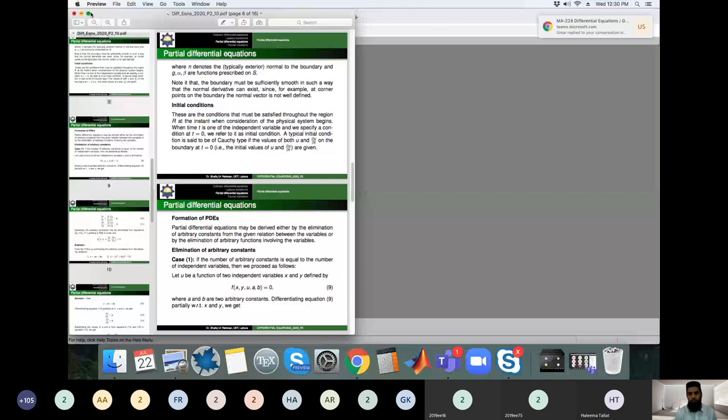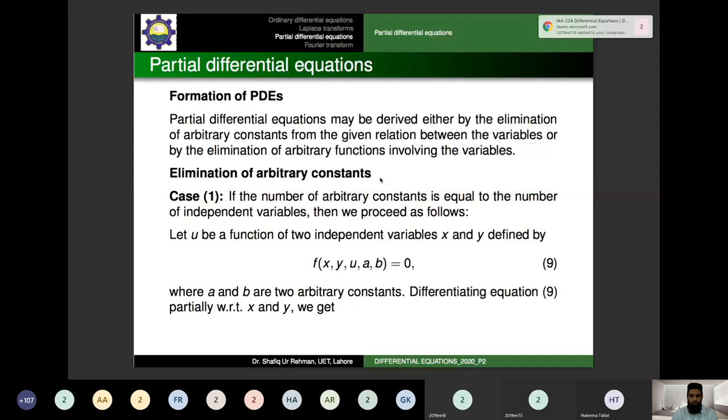How do we form a partial differential equation? The idea is pretty much the same, just like we have gone through with the formation of ordinary differential equations. What the idea was there, just recall the basic concept. We were interested in eliminating arbitrary constants. As soon as we eliminate them, the corresponding differential equation was generated.